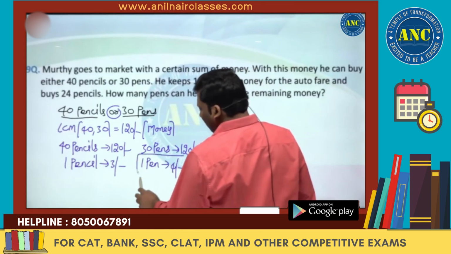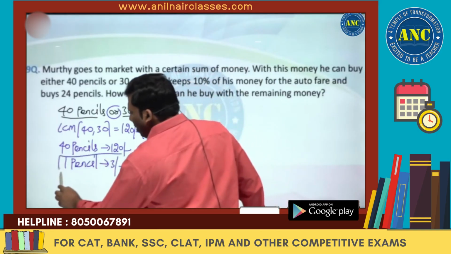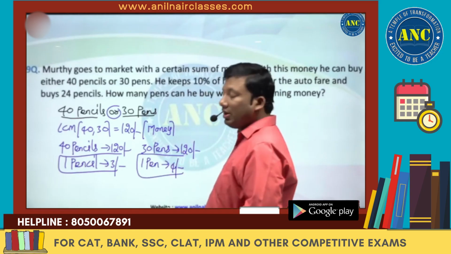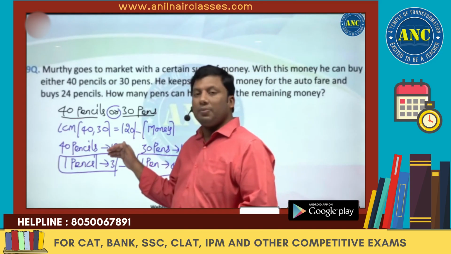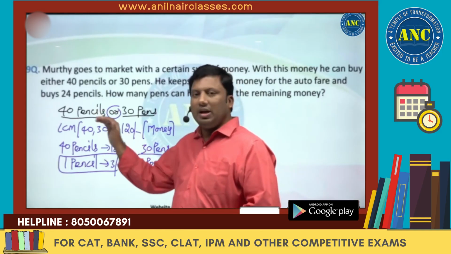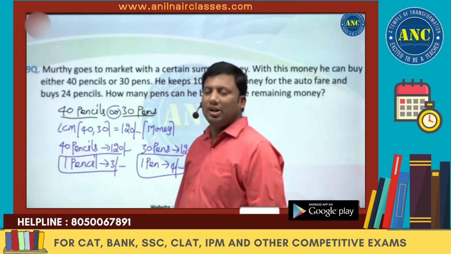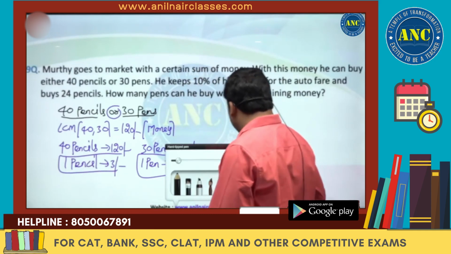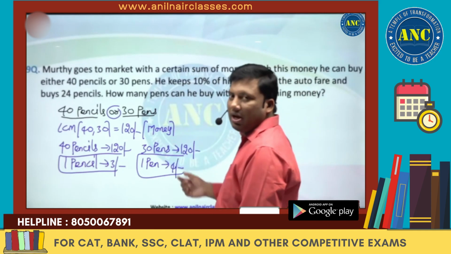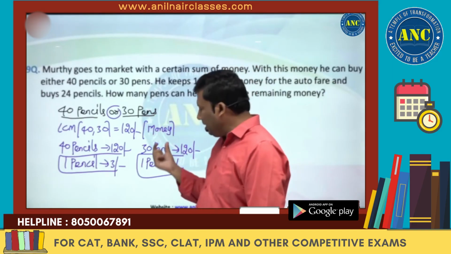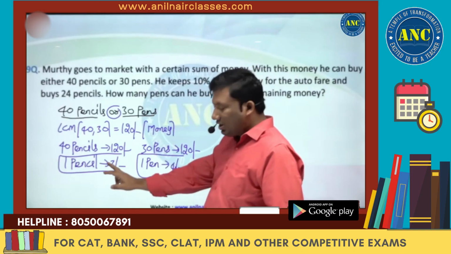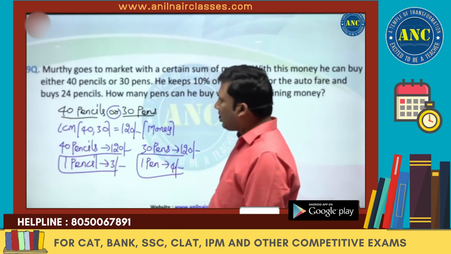So he went to a shop with 120 rupees: 40 pencils for 120 rupees, 1 pencil 3 rupees, or 30 pens for 120 rupees, 1 pen 4 rupees. This is the cost of a pencil, this is the cost of a pen.